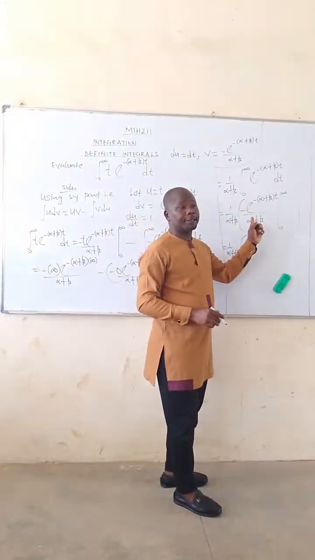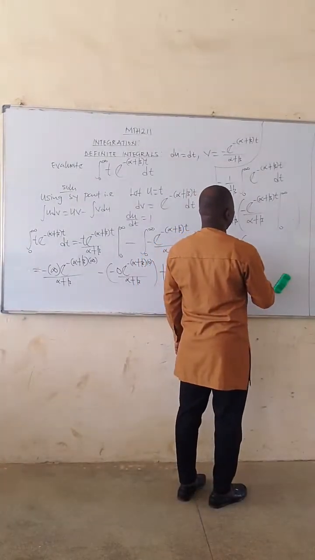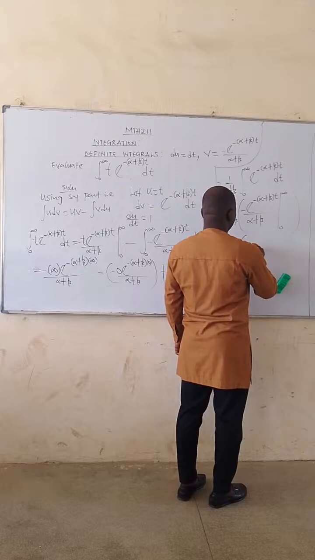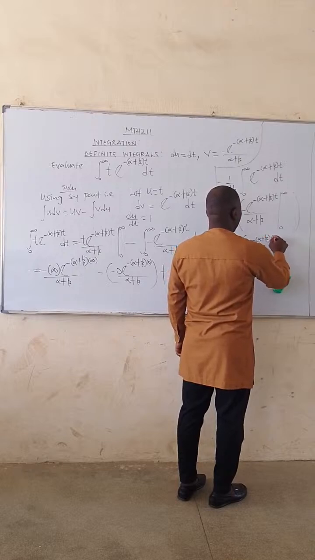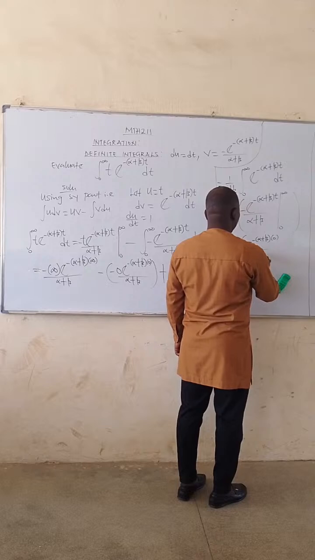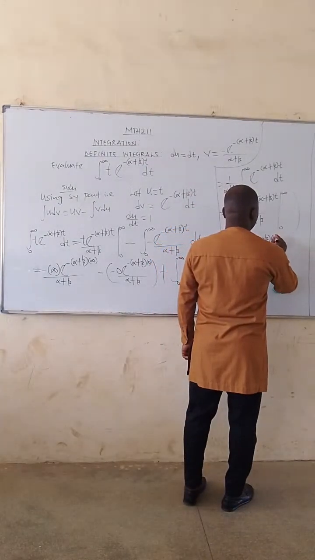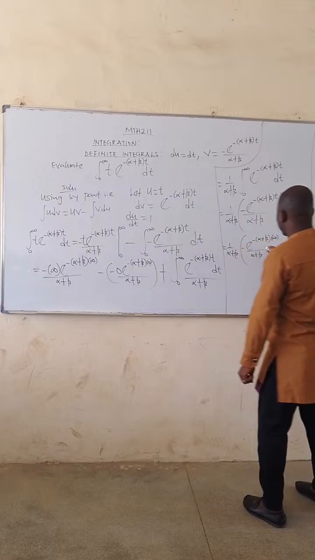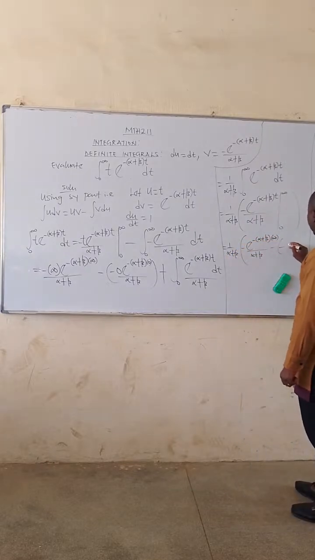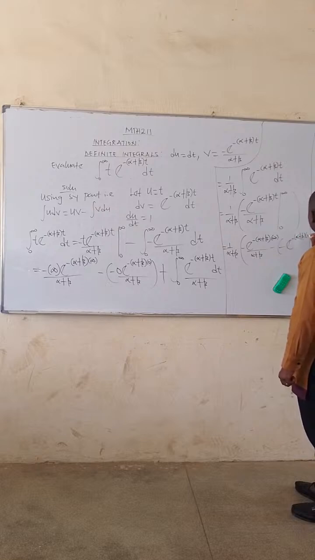Let's substitute in. If we substitute in, we are going to have minus exponential minus open bracket alpha plus beta times infinity all over alpha plus beta, then here is minus open bracket minus exponential minus alpha plus beta times 0, then all over alpha plus beta. Close the bracket, then close the bracket.